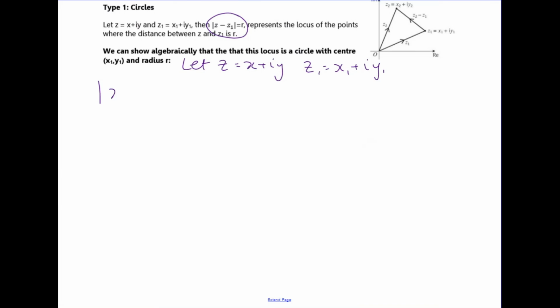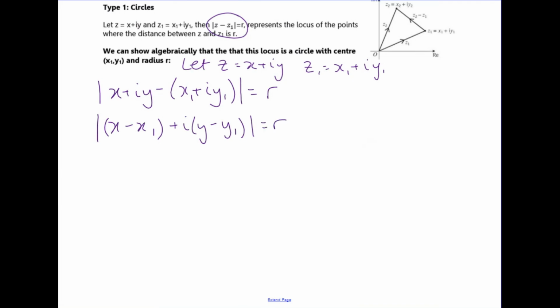So we've got modulus of x plus yi minus (x1 plus y1 i) equals r. We collect up the real parts inside this modulus sign here, and we collect up the imaginary parts.